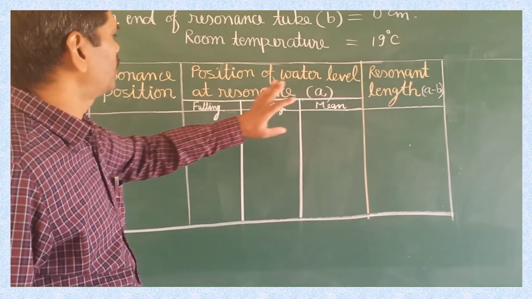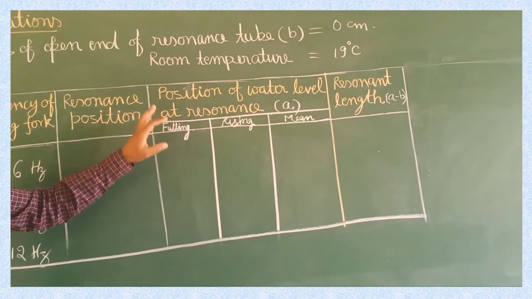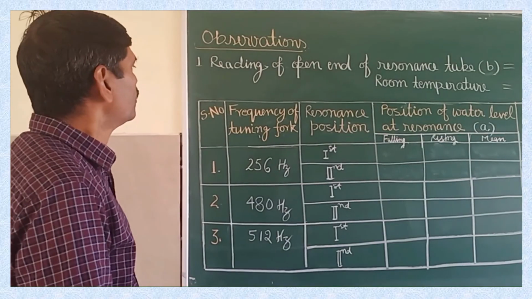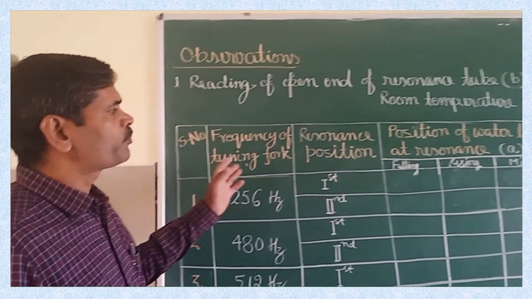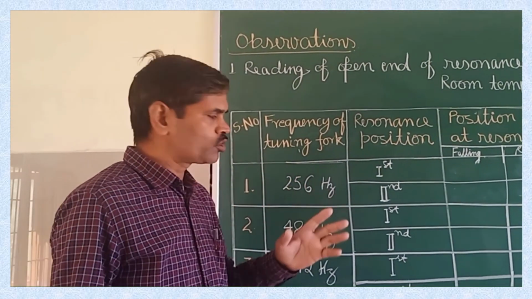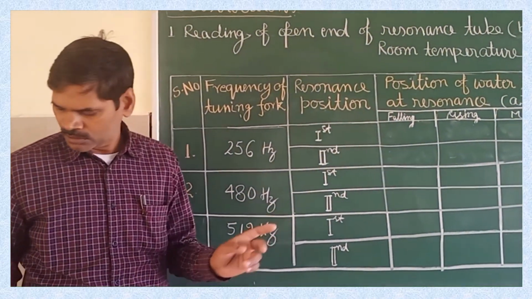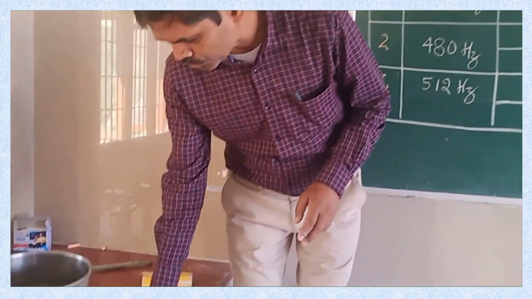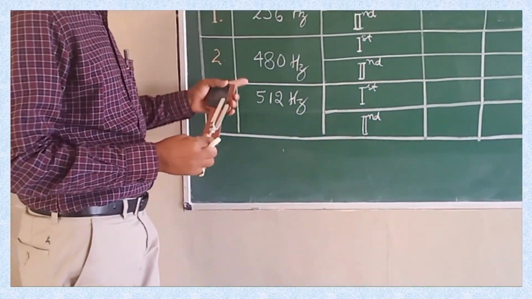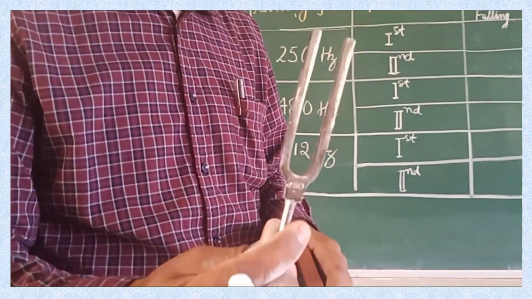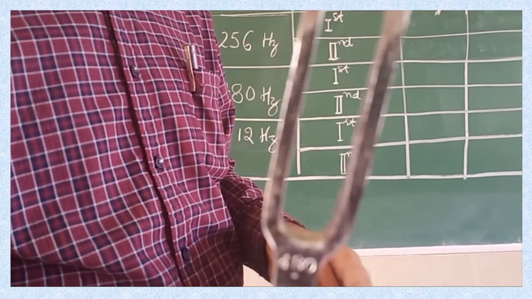Now, to find the resonant positions of the water level in the resonance tube, first rising and then falling. Find the resonant position using the resonance tube with the help of a tuning fork of frequency 480 Hz. See, this is 480 Hz.